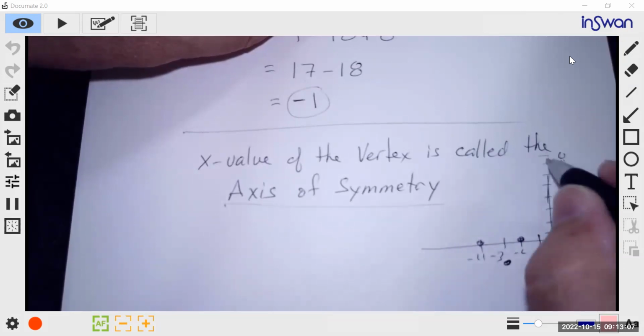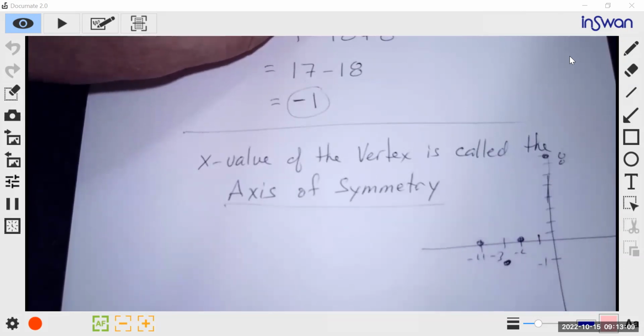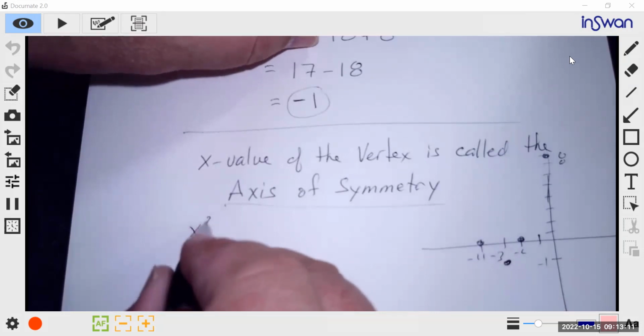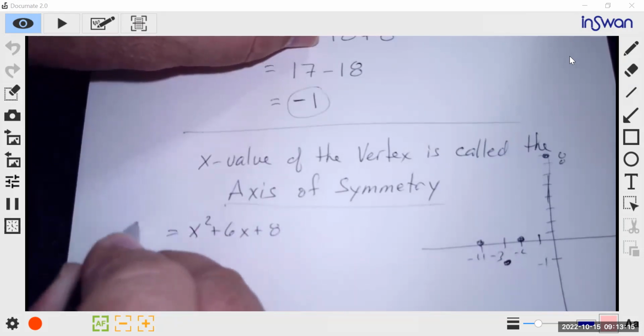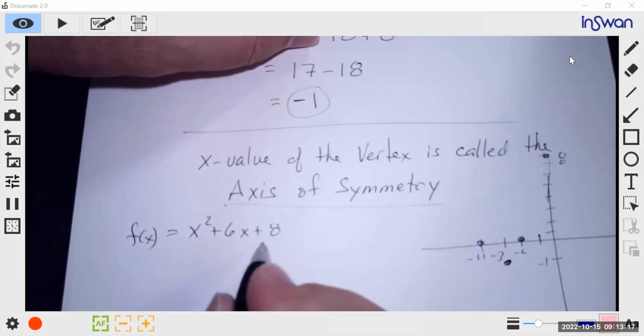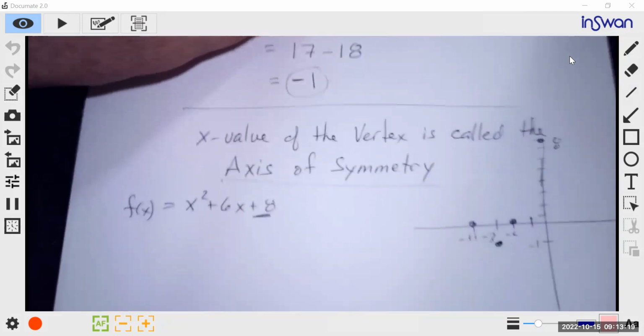And 8 on the y-axis is the y-intercept. Because remember, our equation was, this is our function. So there's our y-intercept.